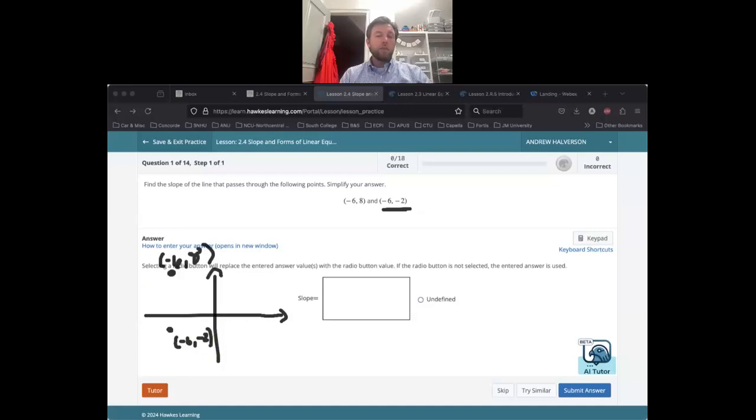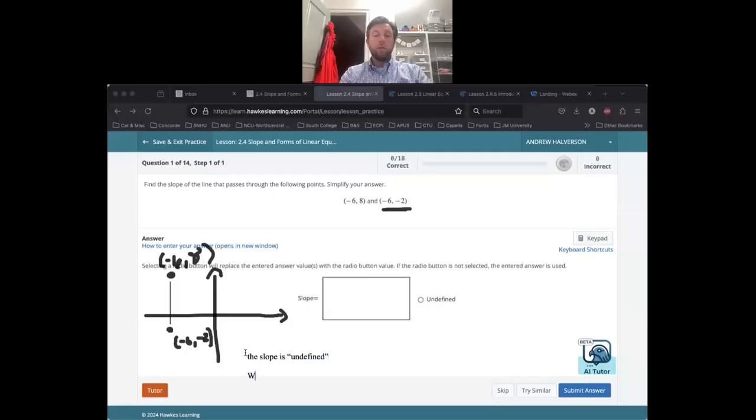What's the slope of the line that connects them? What's the slope of the line? What kind of line does it make? Vertical line. The slope is what?